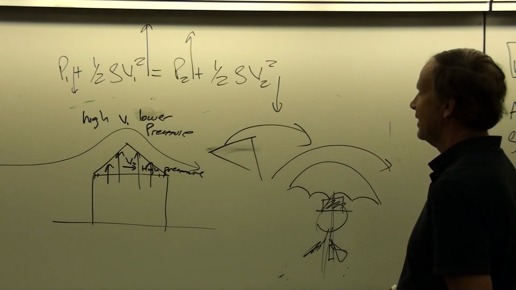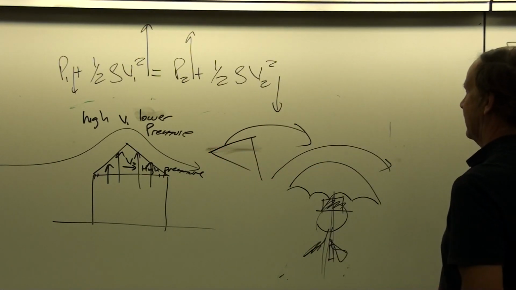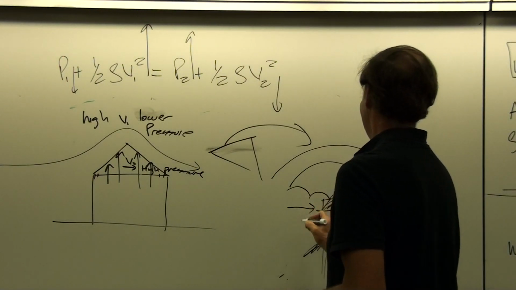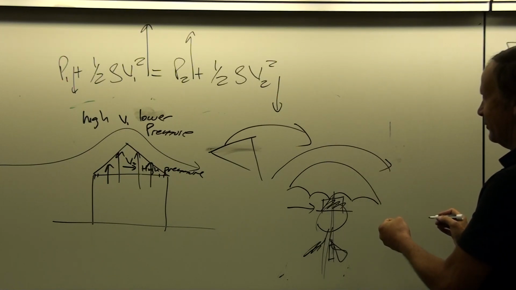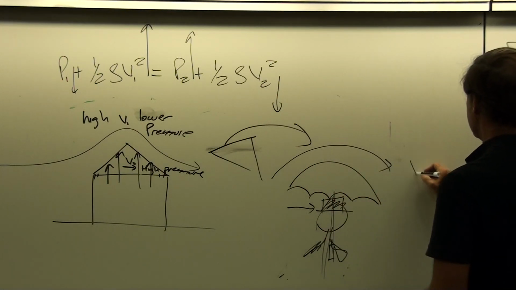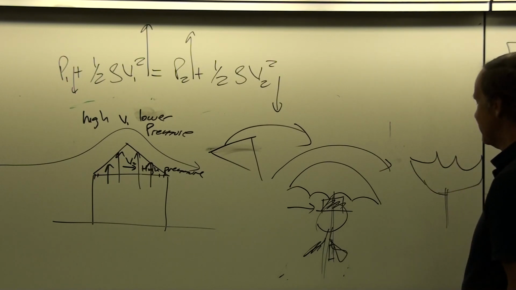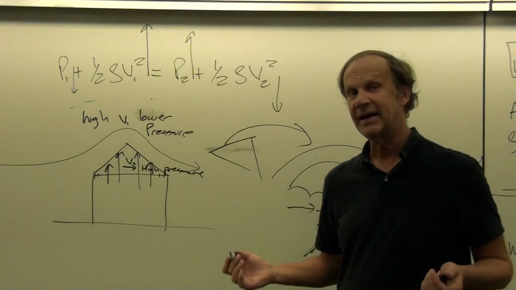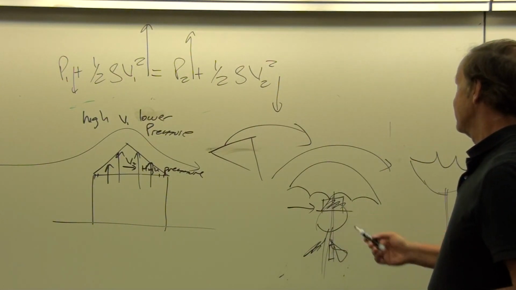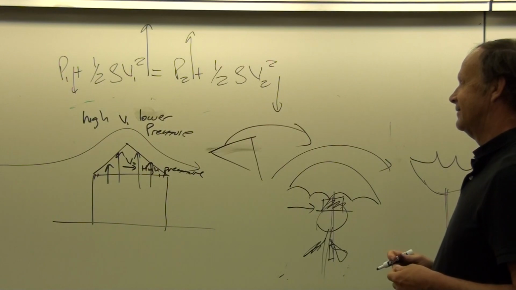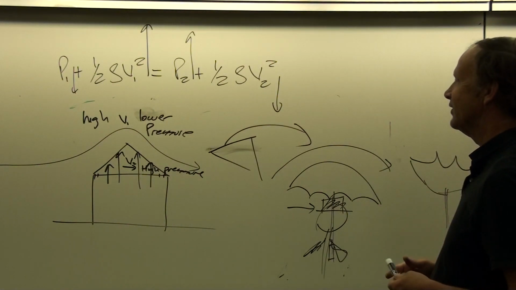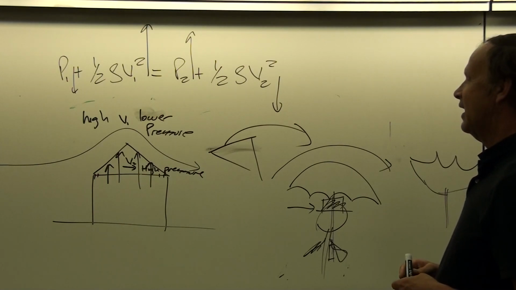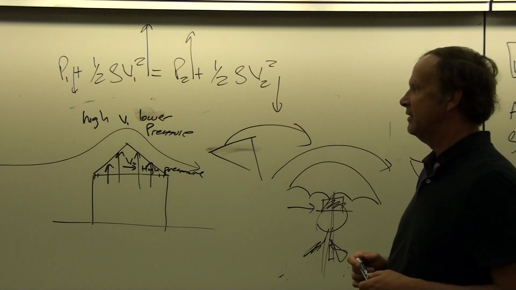And so as we're watching this roof get torn off, and we're laughing, and then here what happens is you're holding onto your umbrella, you get that strong lift force, and all of a sudden the umbrella turns inside out. And unless you've got a really expensive umbrella, that's going to wreck it. Okay? And so it serves you right for laughing at that roof that just got torn off. Your umbrella was just destroyed. Okay? And so these are all examples then of Bernoulli's equation as it applies to airflow.